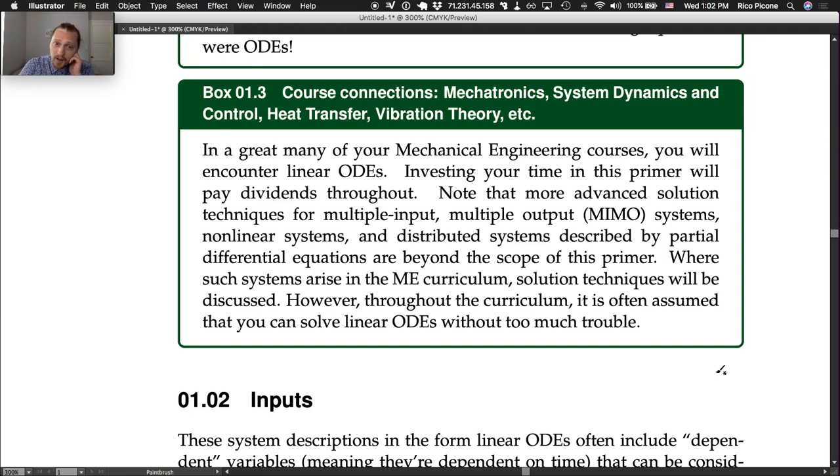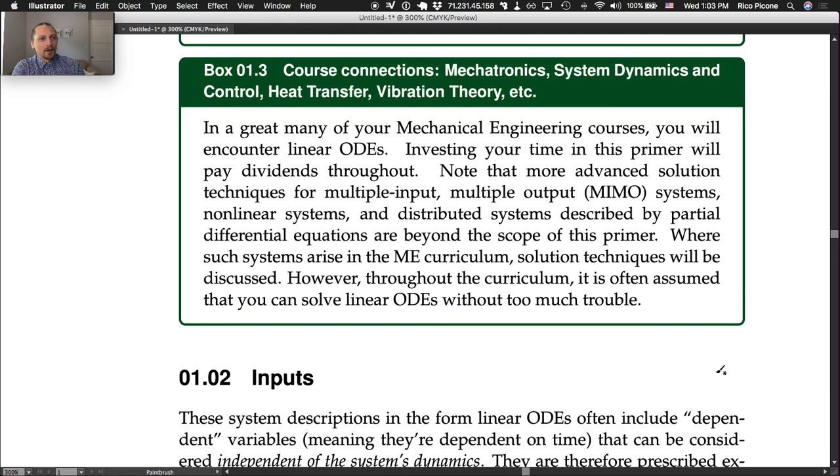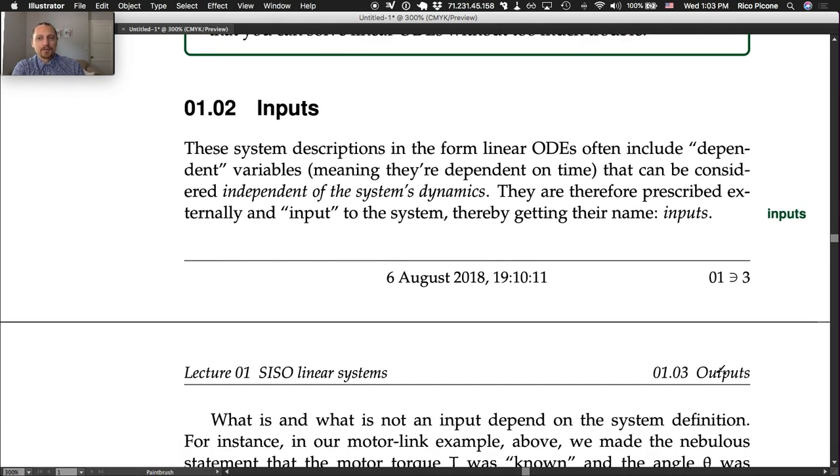But just as we expect you to be able to perform a derivative or integrate a function without having to go back and teach that in the ME curriculum, we're going to assume that you're able to do your linear ODE solutions all on your own.